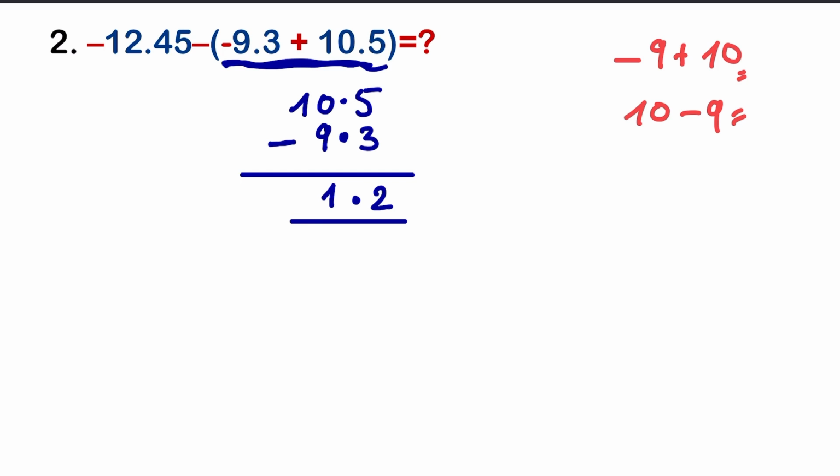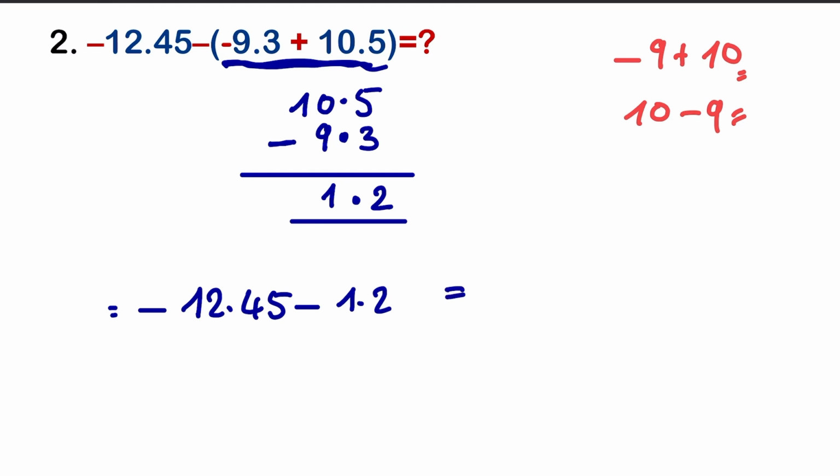So we are going to rewrite this as our minus 12.45 minus, the bracket gave us 1.2. So we can apply the same principle just like in question 1.